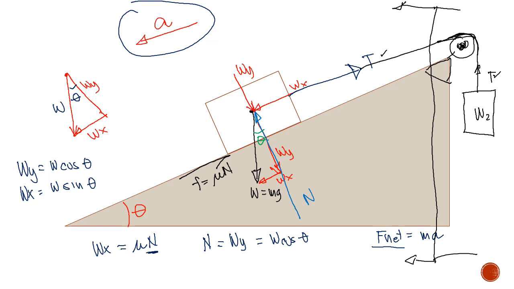If the forces are opposing the acceleration, they will be negative, and forces that are going toward the direction of your assumed acceleration are positive. Now, if you have a negative acceleration or a negative value, then it simply means that your assumption is not correct, and you have to change the direction of your assumption.